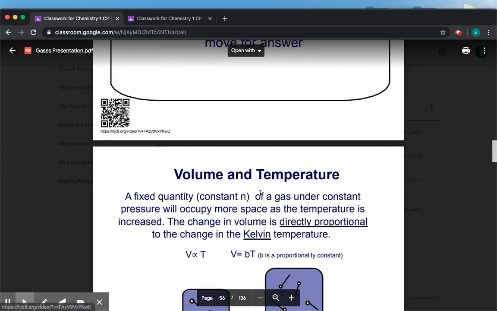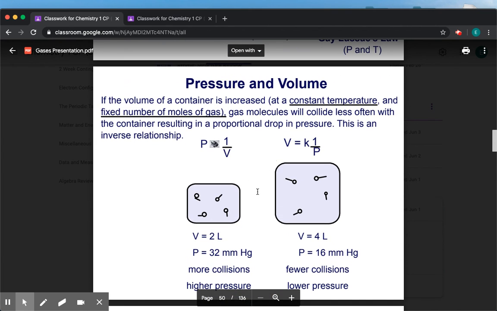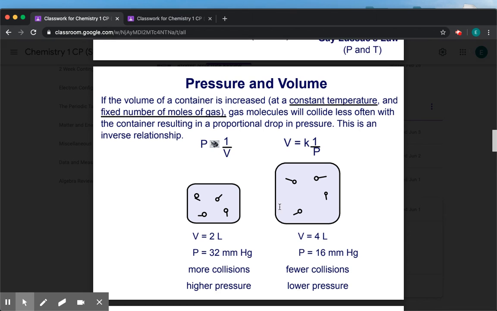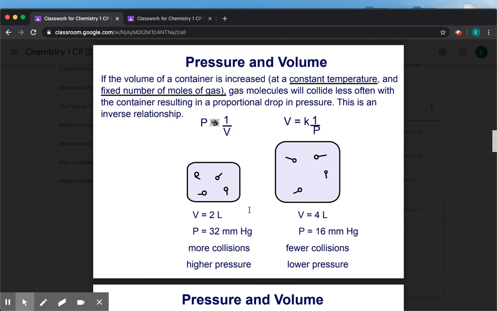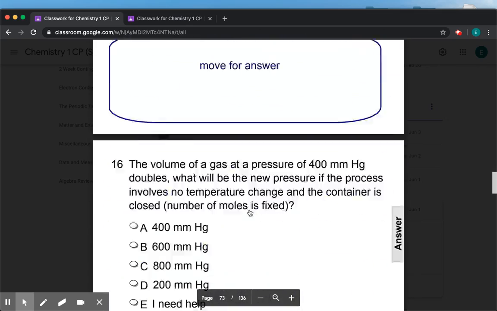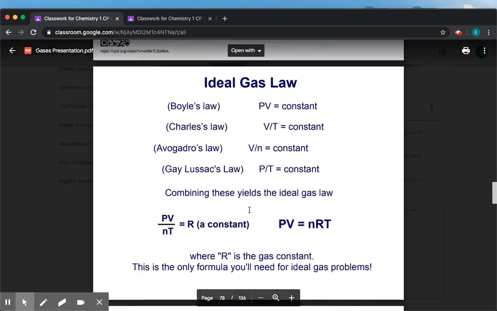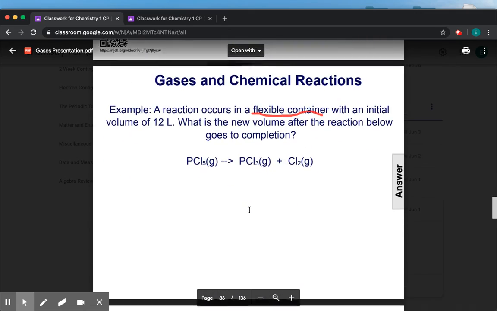Where's the one with volume and pressure? PV. We use flexible containers when we want pressure to be constant, or volume. We're holding one of the things constant. It has to remain the same. So that's what that's telling us. It is going to expand to account for the pressure.